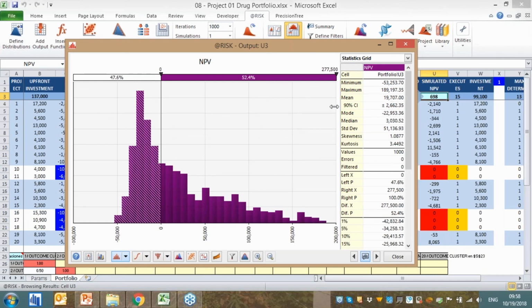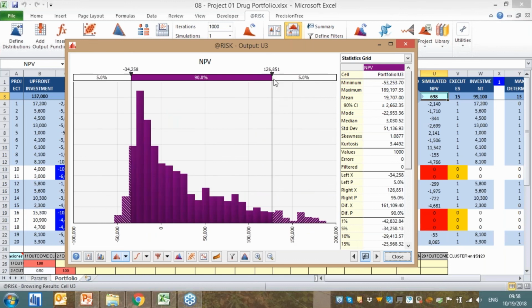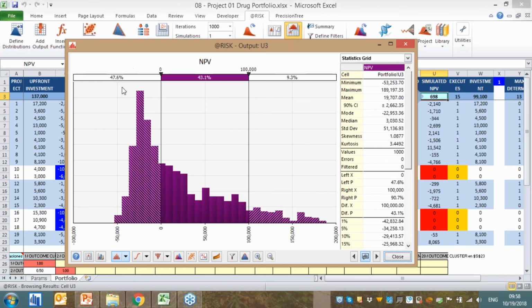Some additional interpretations, you could also start answering questions like, for example, what is the probability of, say, making more than 100,000 on NPV? You can always answer that question. There's a 9.3% probability of making this amount of money. There's, on the other hand, as we've already pointed out, a 48% probability of not making money, of losing money over here. And then there's a 43% probability of making as much as this money.